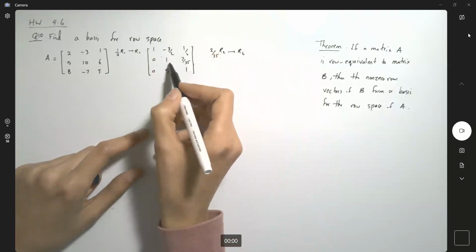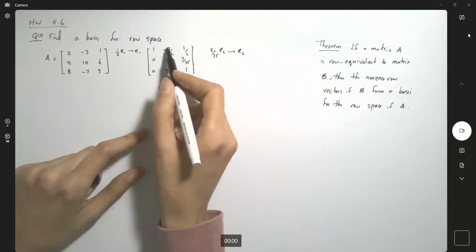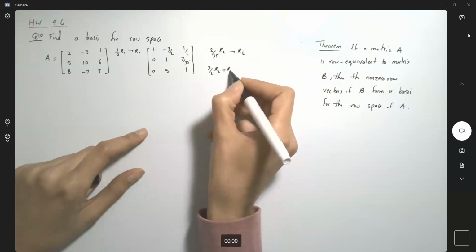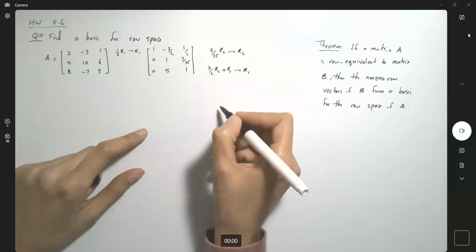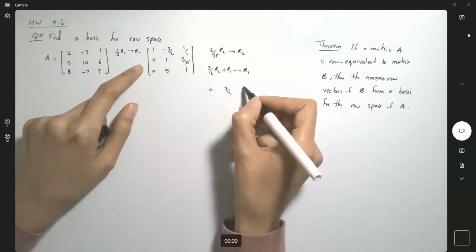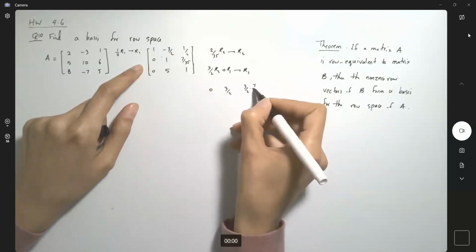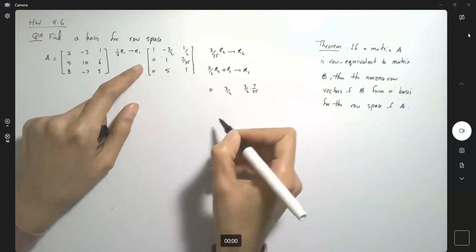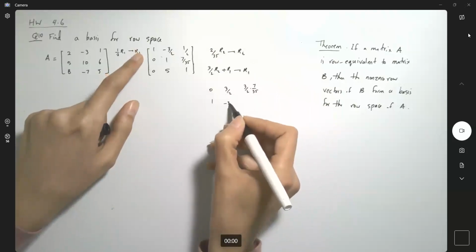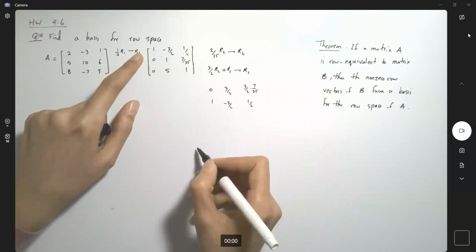Now you need to multiply the second row by 3 halves and add it to the first row. 3 halves R2 plus R1 becomes your new R1. So here you have 0, and you have 3 halves, and you have 3 halves times 7 over 35, added to 1, negative 3 over 2, and a half.